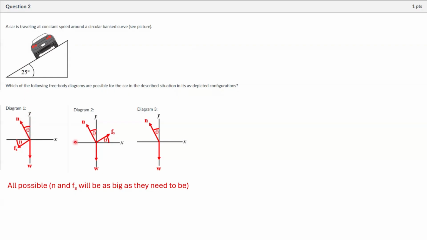So normal force, perpendicular to the surface, every diagram has that. Weight straight down, every diagram has that. And then it's just a question of the static frictional force. That's along the surface, or along the surface the other way. Both of those things should be possible.